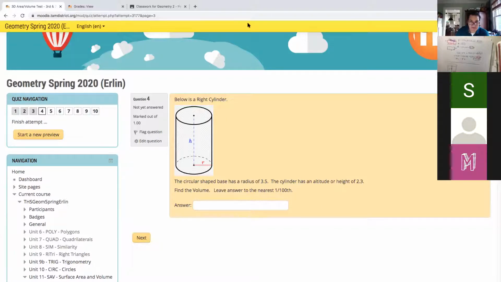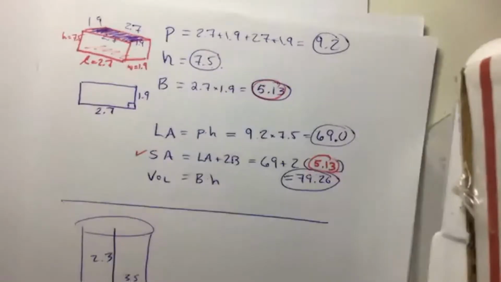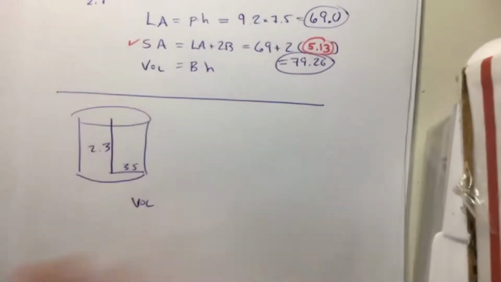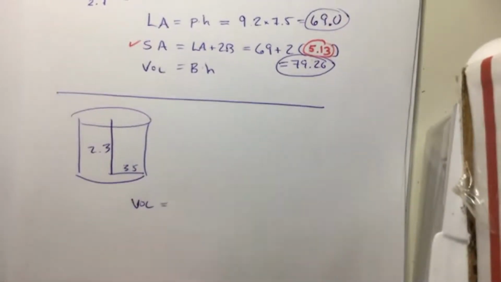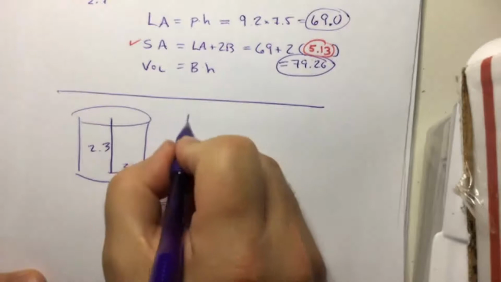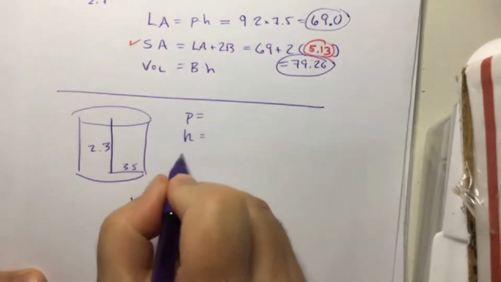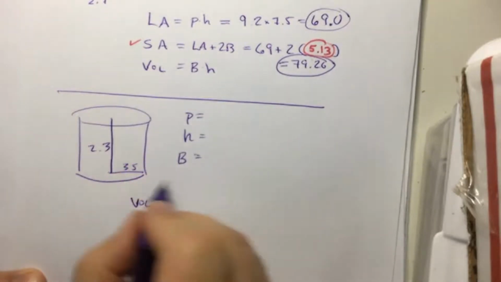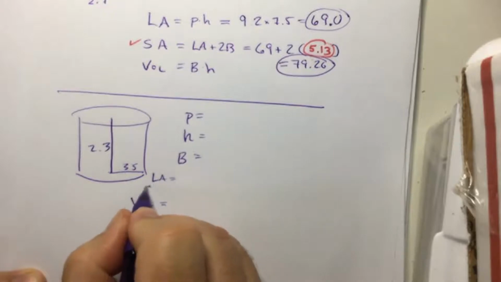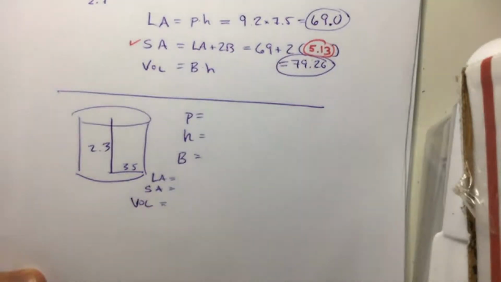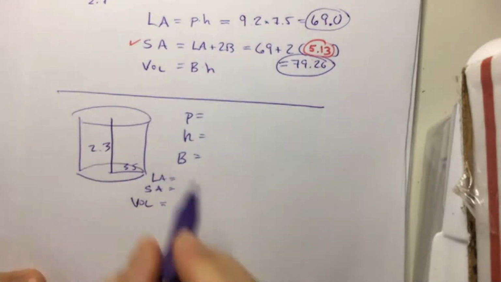So I'm going to come back to my sheet here. Starts the same way. P equals, H equals, B equals, LA equals, SA equals, and VOL equals. We can do a little bit of saving the time.